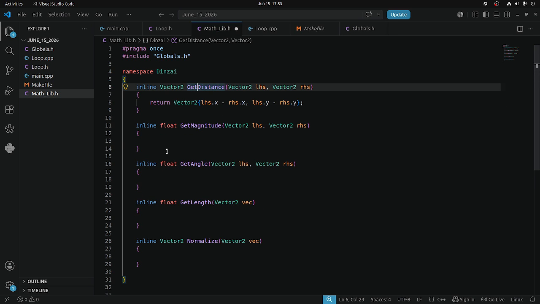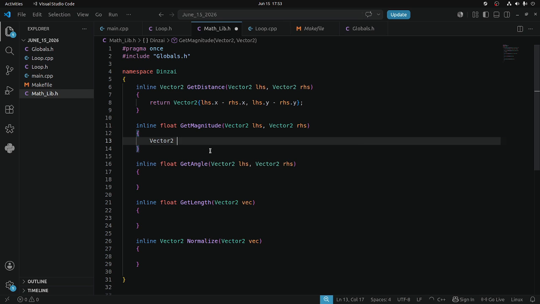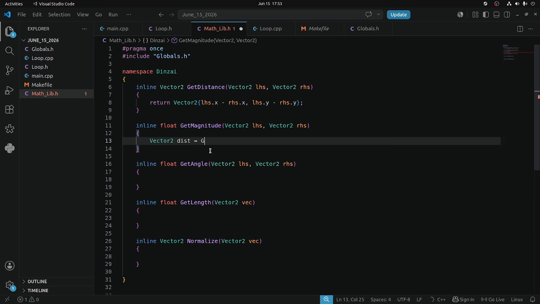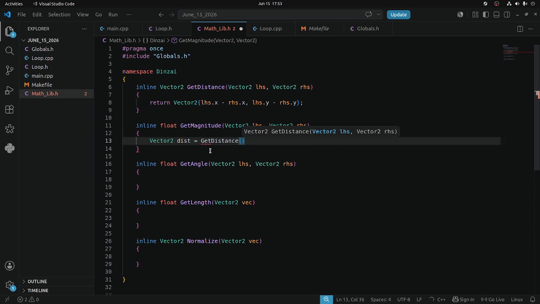That way, here, we're given these two values, and we're going to get a vector 2. I'm going to call it dist. This is going to equal our get distance, and I'm going to pass in our left-hand side and our right-hand side. So this gets us our distance here.